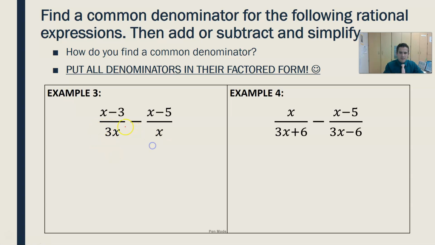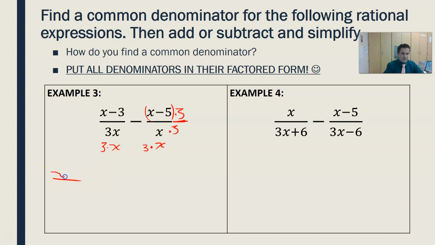So if I split this up into its factors, I have 3 times x here, and I just have x here. So if I want them to be common, I'm going to need to multiply by 3 on the bottom of this fraction, because I want there to be 3 x's here. So if I multiply by 3 on the bottom here, I better multiply by 3 along the whole top of that fraction.